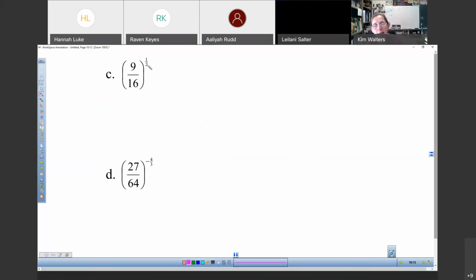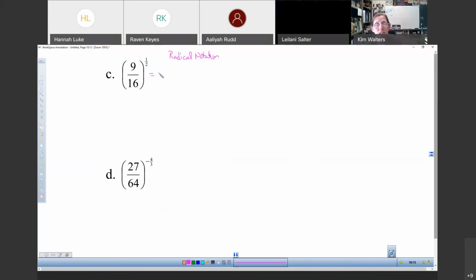Now we have that 1/2 power. So before we can simplify this, we have to change this into a radical. We have to put this in its radical notation first, because that 1/2 power, when we're dealing with numbers, is just really messy.